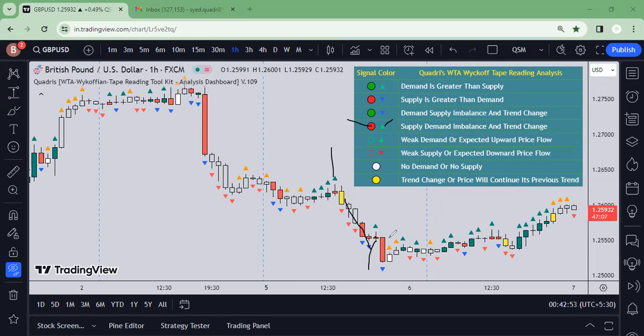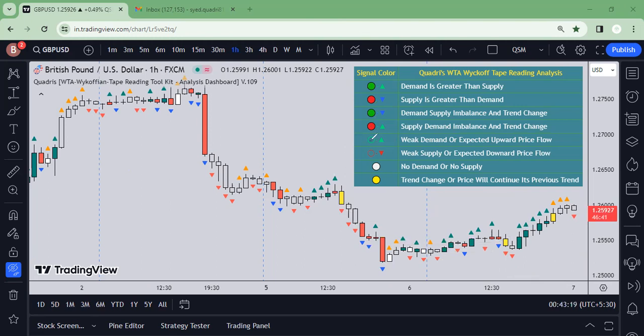That means there is an imbalance in this particular area or at this particular price, and either price is going to go sideways before continuing its journey, or there would be a trend change taking place. So we have seen 3 examples of this on the current chart.